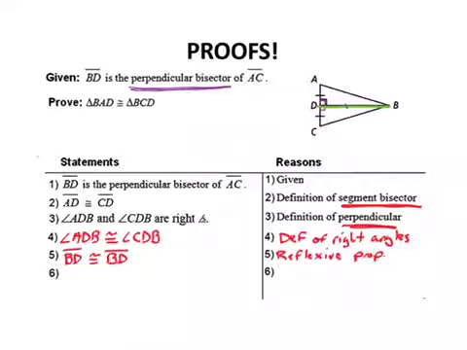If that's the case, we now have enough information for side angle side congruence. So our last step would be to merely state that triangle BAD is congruent to triangle BCD by side angle side congruence.